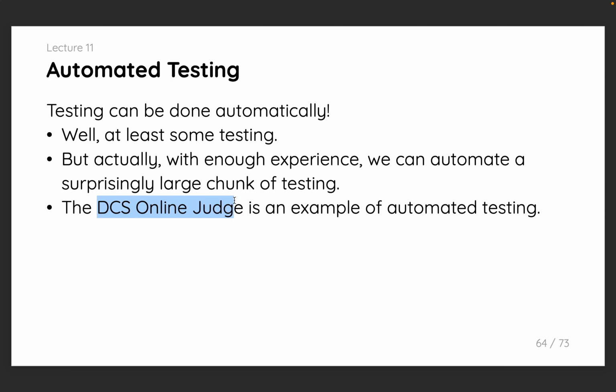You've already seen that OJ is a good example of testing your programs automatically. All you have to do is submit, and it checks whether your solution is correct based on a set of test cases. So with enough experience, we can automate a large chunk of testing, and we will see this in a later lecture down the line.